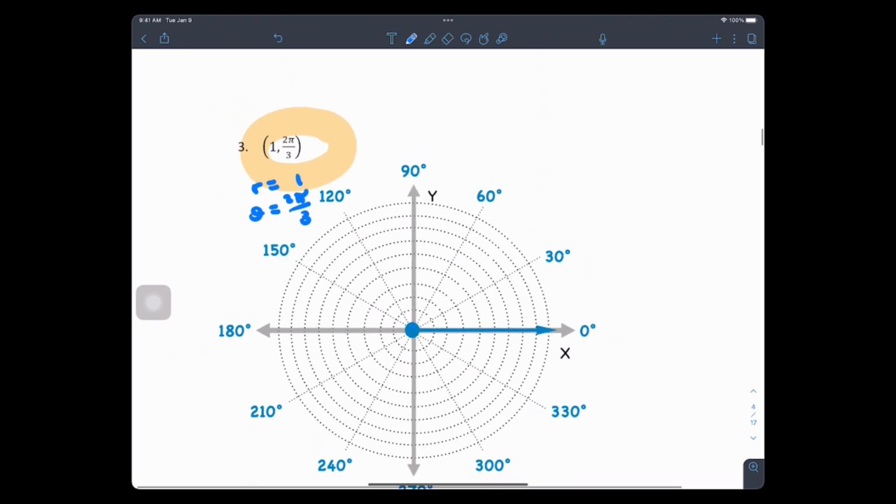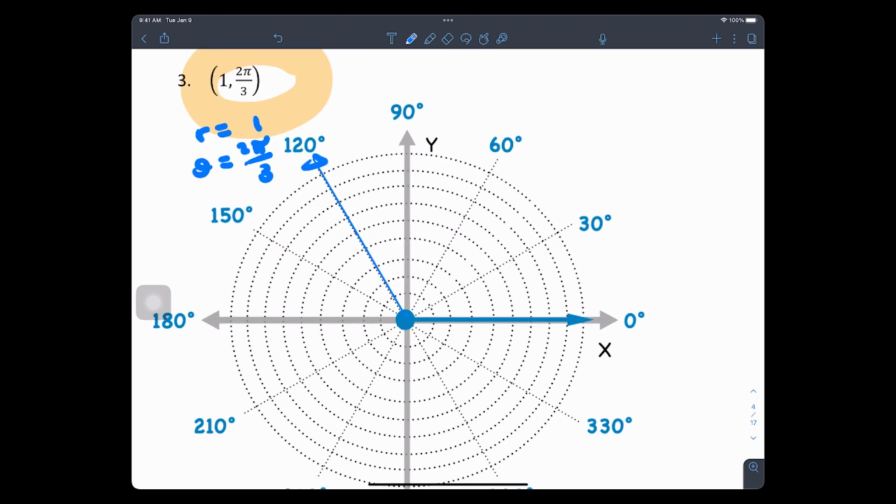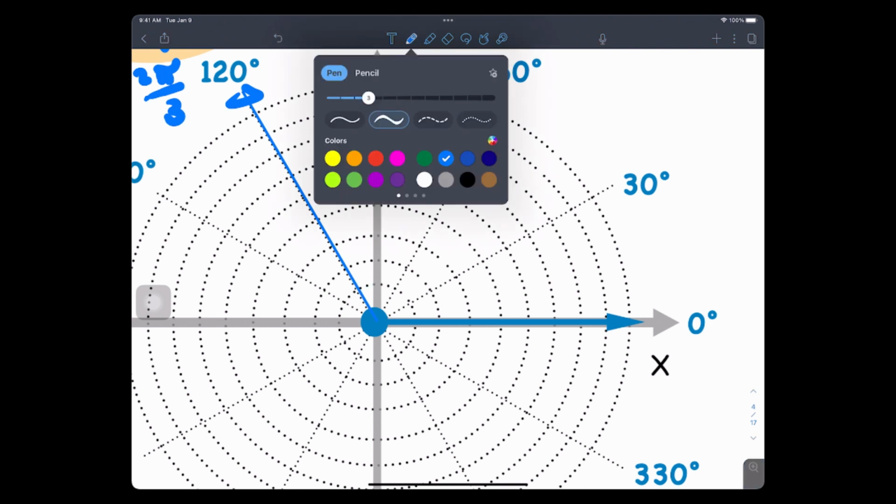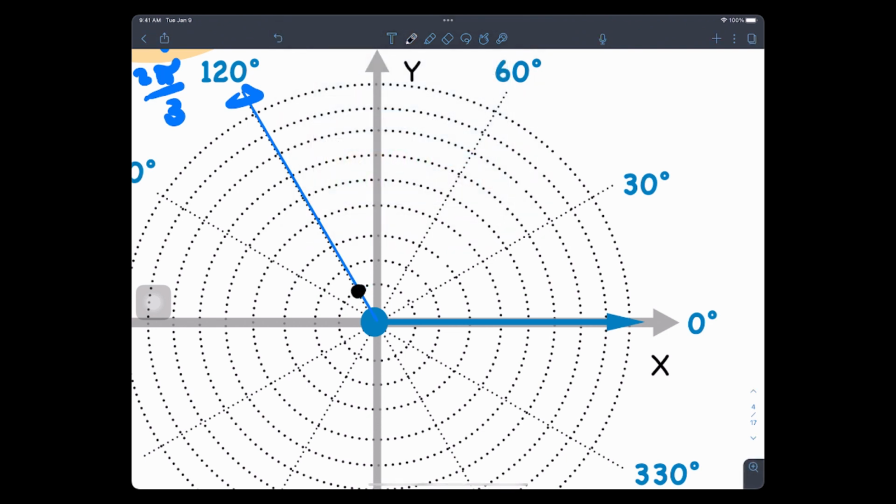So I want to share with you guys something like this. The radius is 1. So this is the location they're talking about, right? It's a 120 degree angle. So this is my radius 1, and that's 2 pi over 3 here.